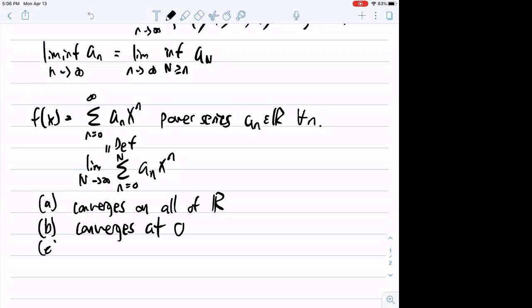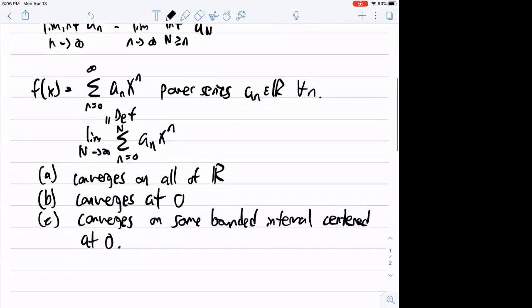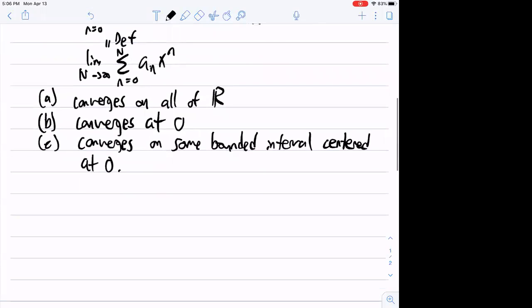And C, converges on some bounded interval centered at 0. The way you get this is either root or ratio test.